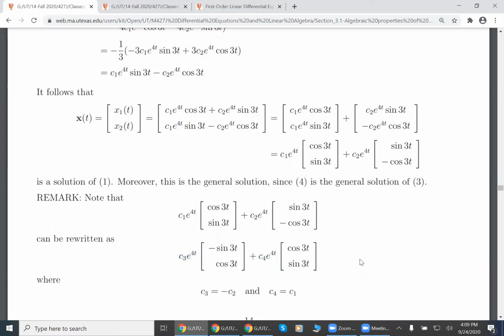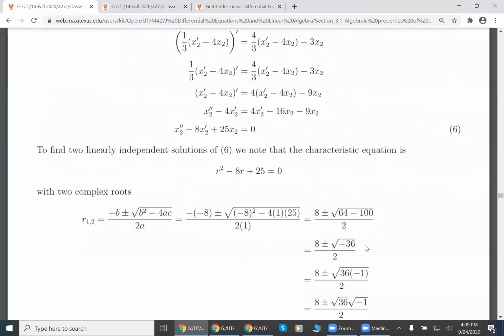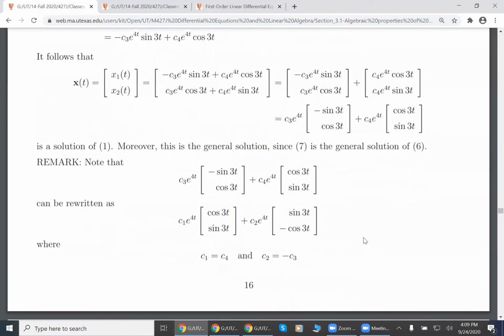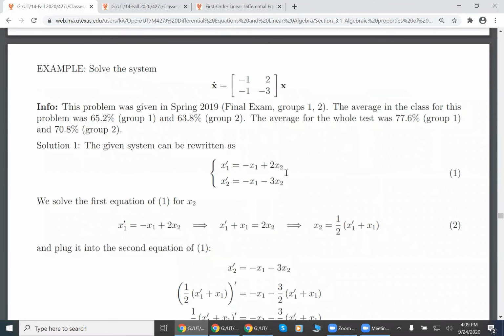So, in this particular case, it is easy to compare the answers. However, take a look at this problem. This problem was given in spring 2019. Averages are much lower. Here is why.